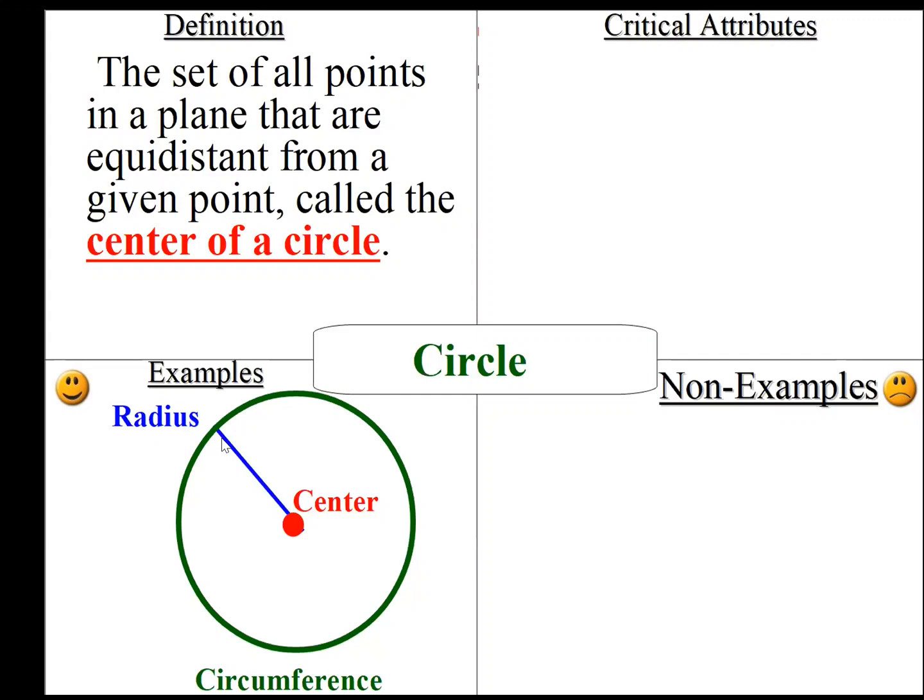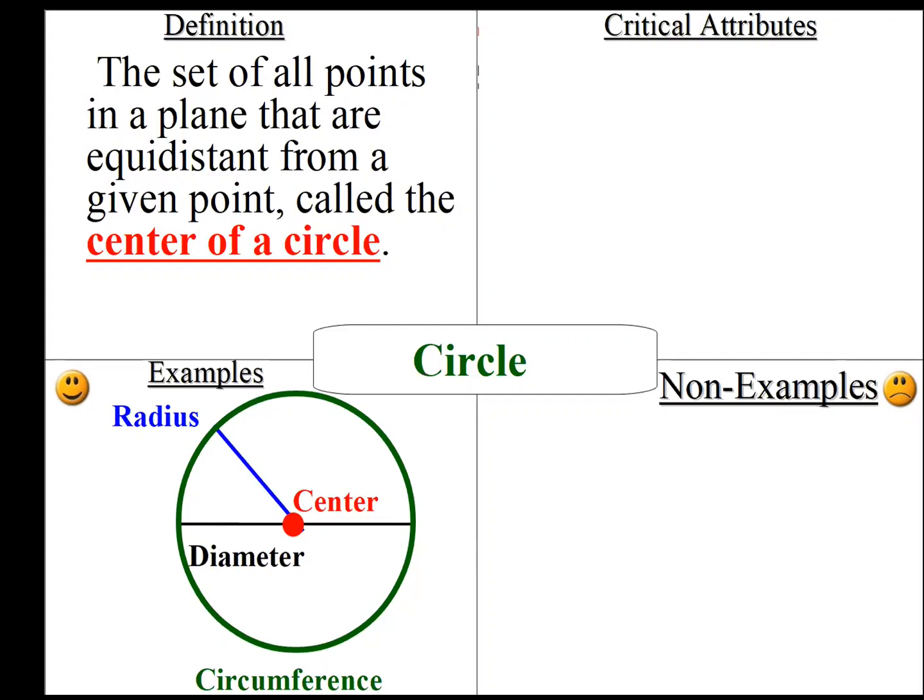Who remembers that term? Yes, good. The diameter. The diameter is the one that cuts the circle in half. Today we're not going to be working with the diameter as much, or the circumference. We are going to need it in order for us to sketch our circle, but today we're going to focus on the center and the radius. So make sure you keep that in mind.